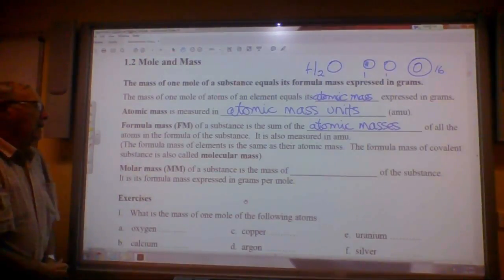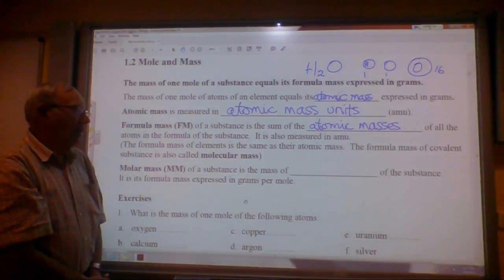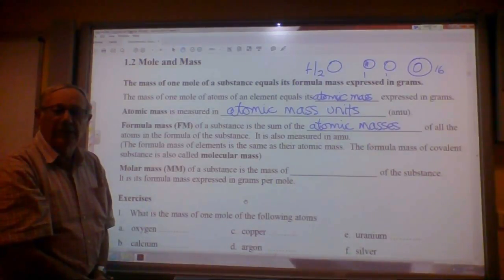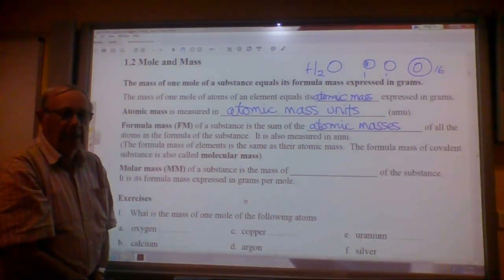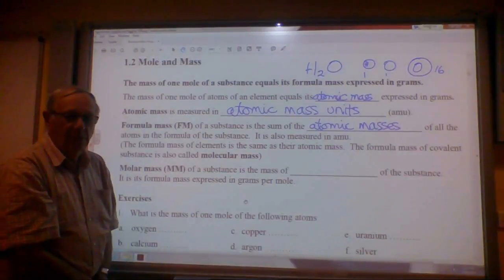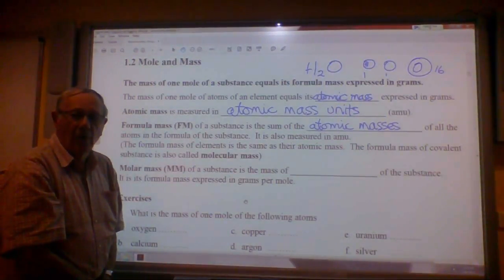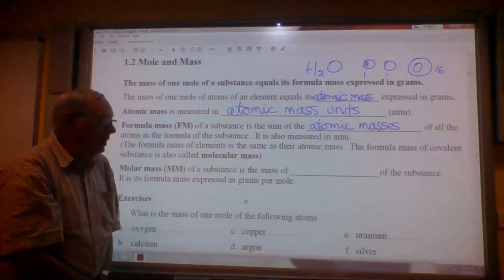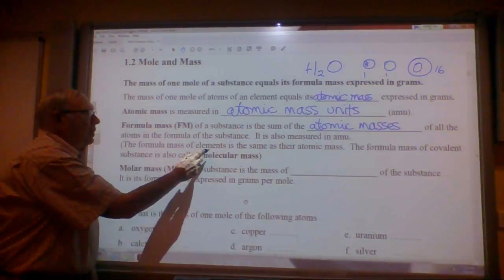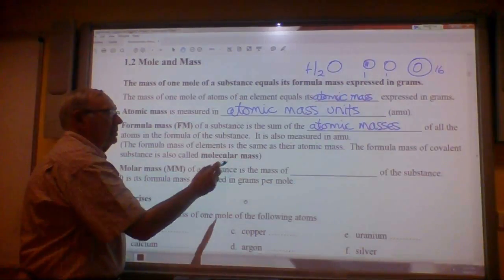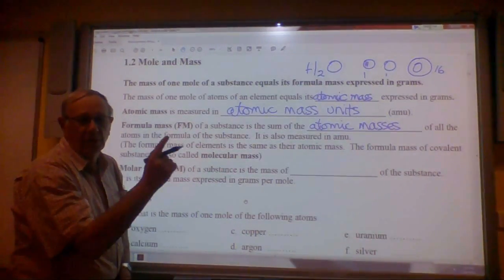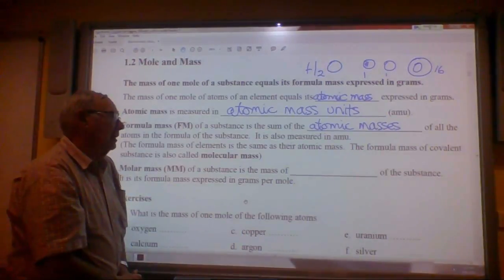So the formula mass of an element, this is just a substance that is made up of only 1 type of atom. That's what an element is. So hydrogen, helium, oxygen, carbon, they're all elements. They're all substances made up of 1 type of atom only. So the formula mass of elements is the same as their atomic mass. So we're just looking at the 1 atom.